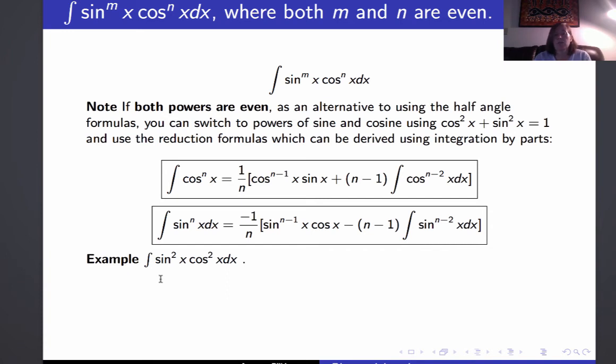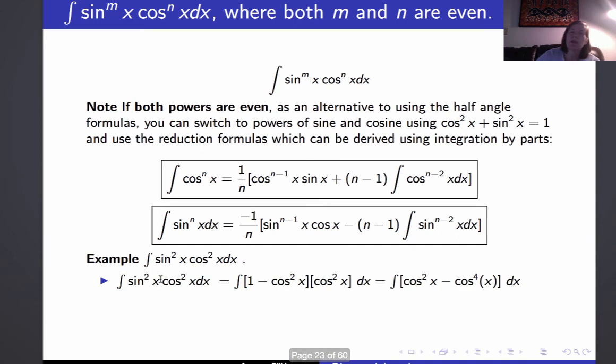So, for example, if we're looking at sine squared times cosine squared, I could convert this completely to powers of cosine by switching the sine squared to 1 minus cosine squared. And if I replace sine squared by 1 minus cosine squared, this integral is the integral of cosine squared x minus cosine to the 4th x dx.